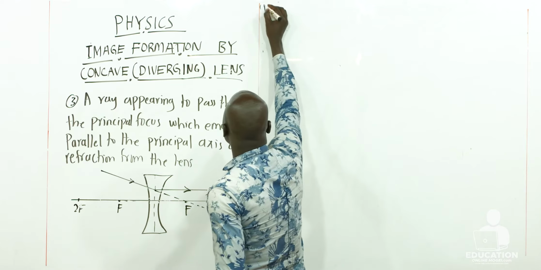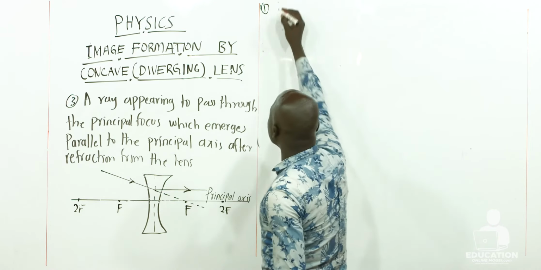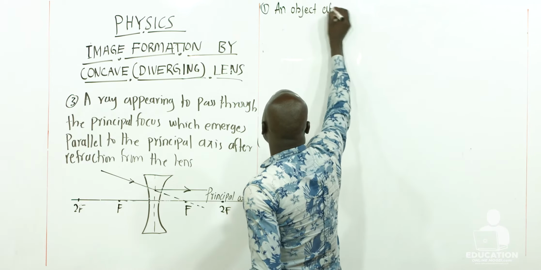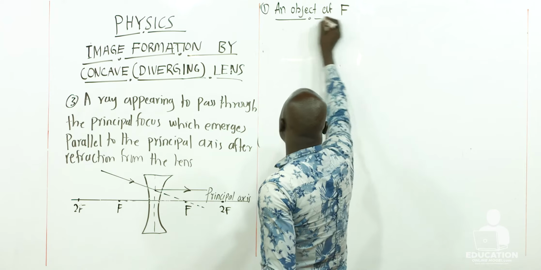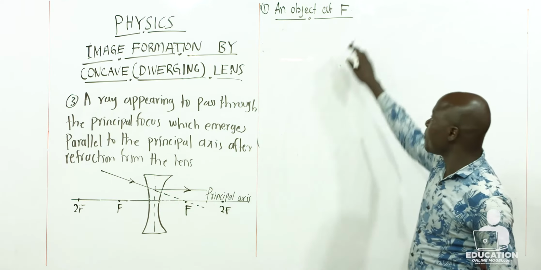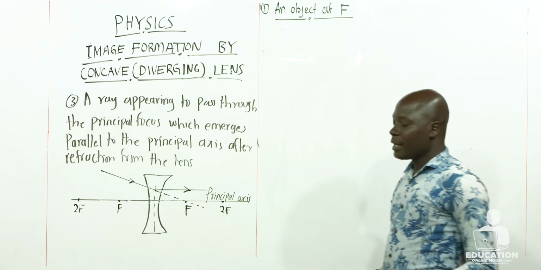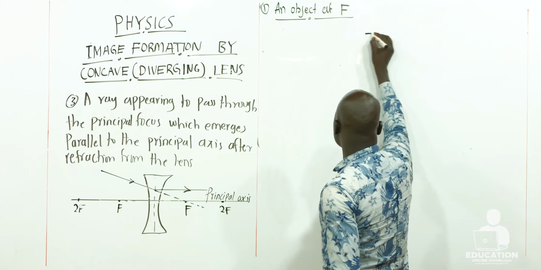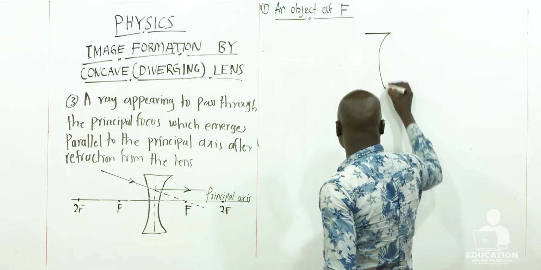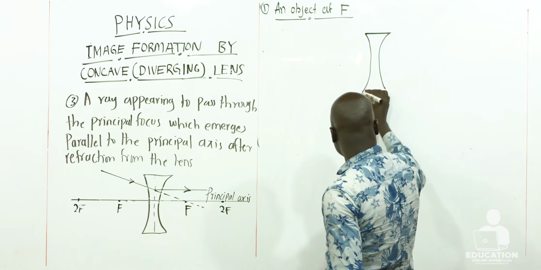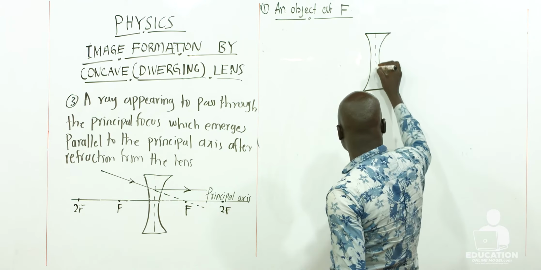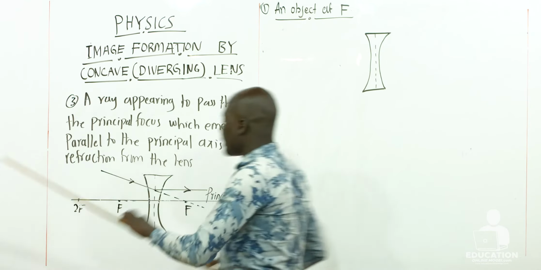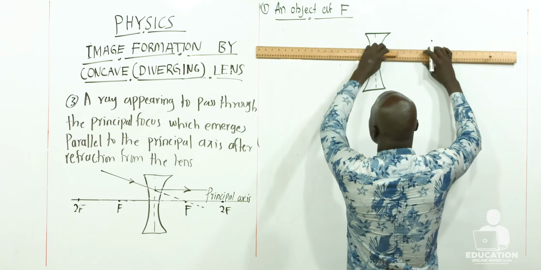So let's look at the first position of the object, that is, an object at F, meaning an object placed at the principal focus of the lens. Now if this is our concave lens, then a line through the optical center and the principal focus is called the principal axis.